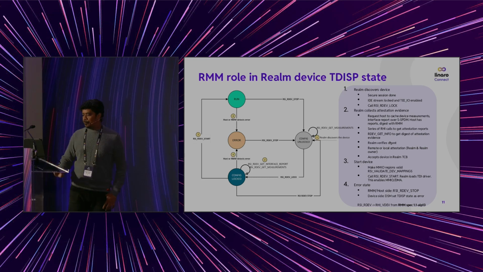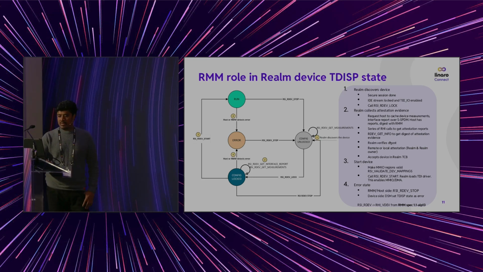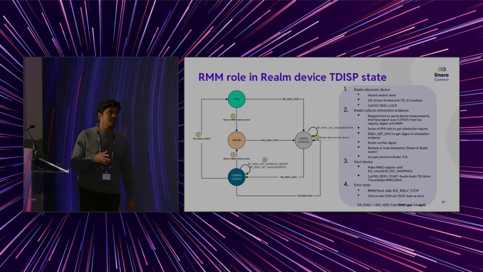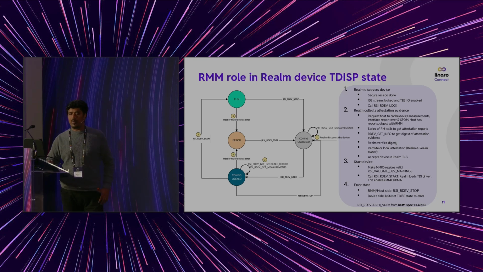Once the relevant device objects are retrieved, the realm does a call called RDEV get info. This retrieves the digest of all the device attestation blob, and later on it verifies it with the copy that it has got by using the RHI calls. The RHI calls are used to retrieve the objects which are in the cache state by the host.